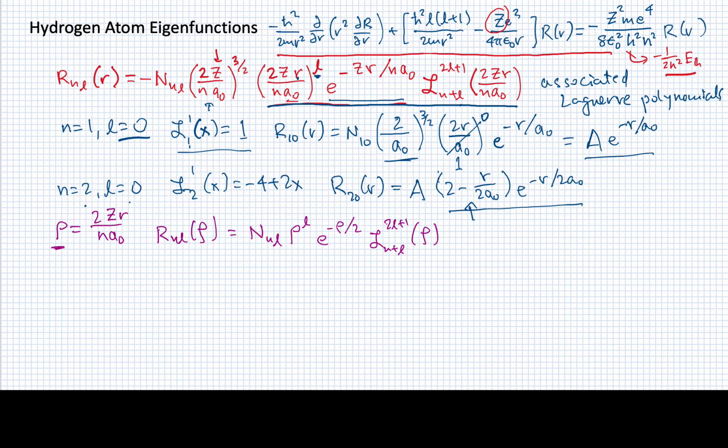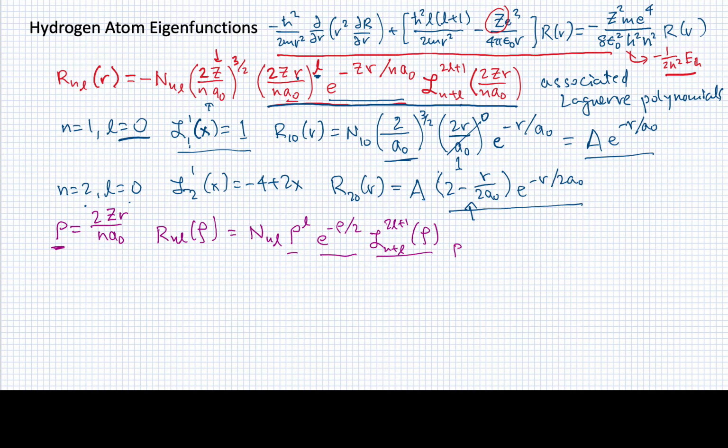Now this is a fairly simple looking expression. We've got rho raised to the L, which means that whenever we have L equals 0, this term goes away, it just equals 1. We'll have a decaying exponential and a polynomial over here.